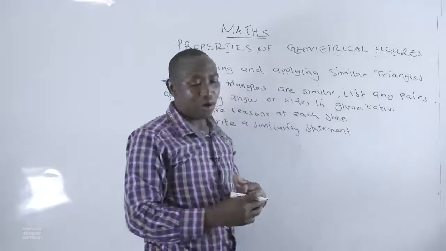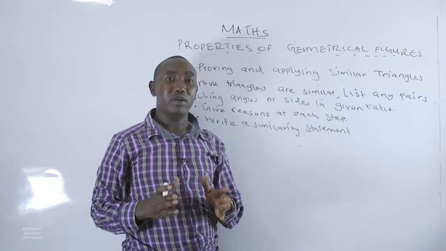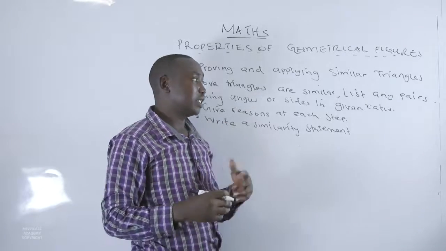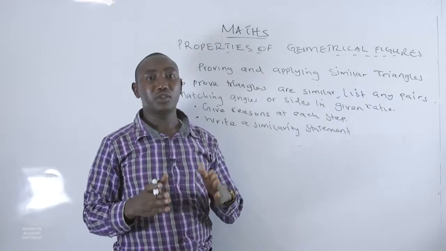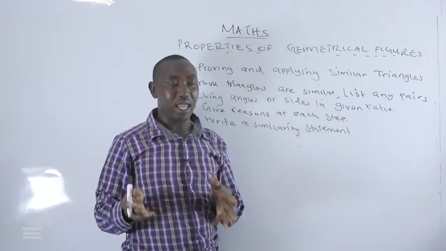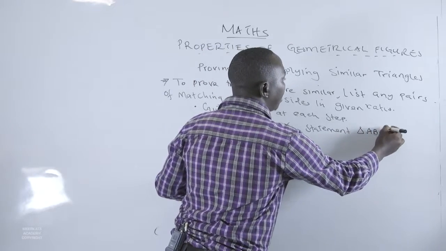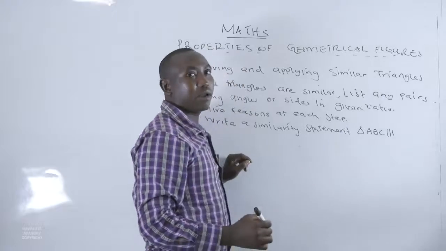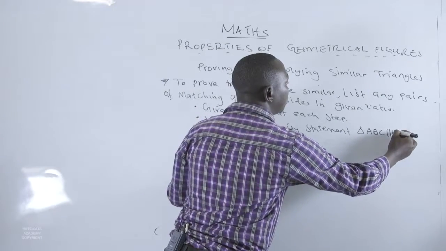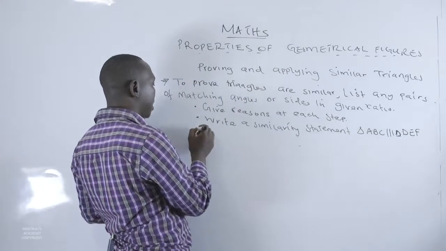We write down a similarity statement, and whenever you are writing a similarity statement, we use the 3 straight strokes. For example, if you want to say that triangle ABC is similar to triangle DEF, then you write triangle ABC, 3 strokes, triangle DEF.